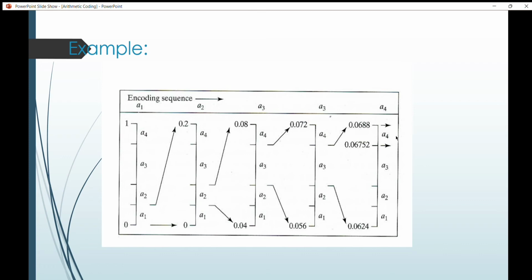At last, we get the region as 0.06752 to 0.0688. Any number within this interval represents the message. Let's consider it around 0.068. In the arithmetic coded message, 3 decimal digits are used to represent a 5 symbol message.